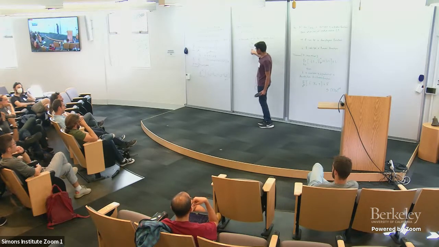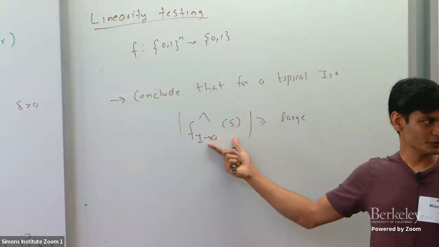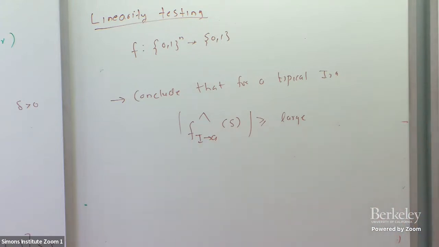So that's the conclusion that we got, that for a typical restriction, the restricted function is correlated to a linear function, and that's where we use the main theorem: if for a typical restriction the restricted function is correlated to a linear function, then the original function is correlated to a linear function and a low degree function.